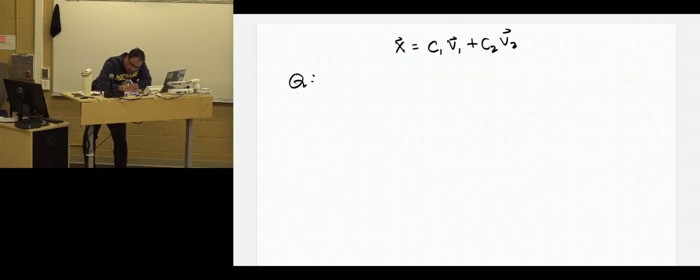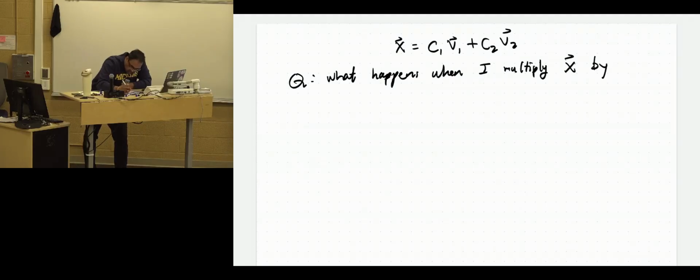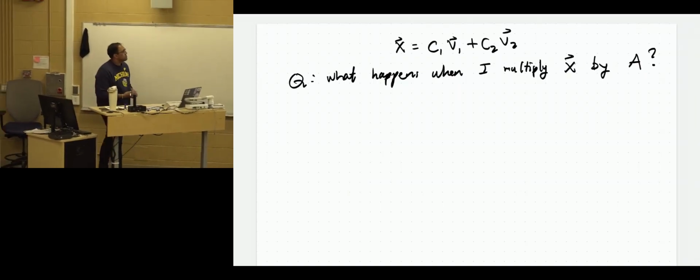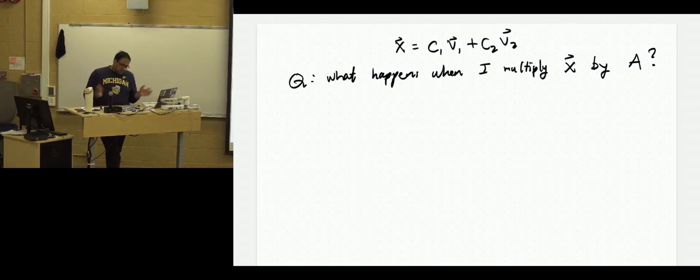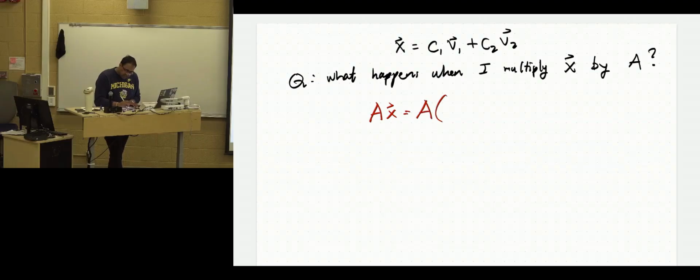Here's a question. What happens when I multiply X by A? What happens when I multiply X by A? I don't know, let's do it. Then I'll get AX equals A times C1 V1 plus C2 V2.